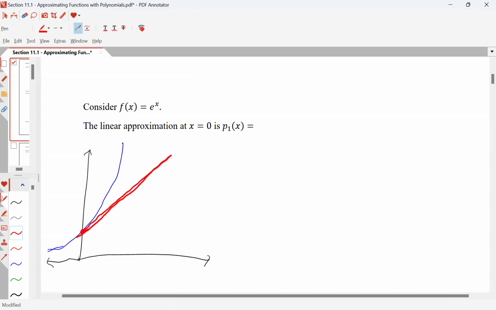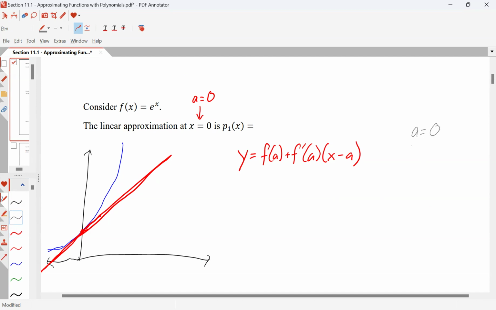So I want to find the equation of this tangent line. Well, we know that y equals f of a plus f prime of a times x minus a. Saying at x equals 0 is saying a is 0, and my function is e to the x.